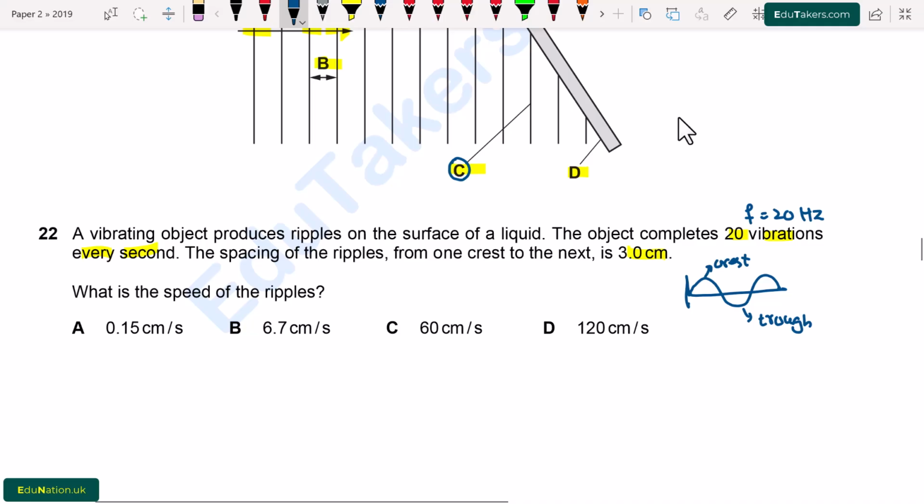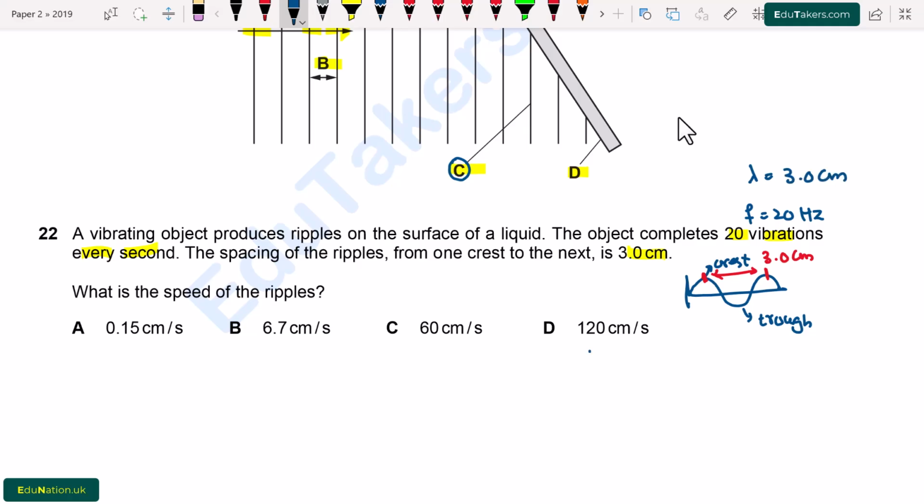If I suppose the first crest here, the next will be here. This distance is basically equal to 3.0 centimeter. Also we know that the distance between two consecutive crests or two consecutive troughs is equal to wavelength. So here wavelength will be equal to 3.0 centimeter.